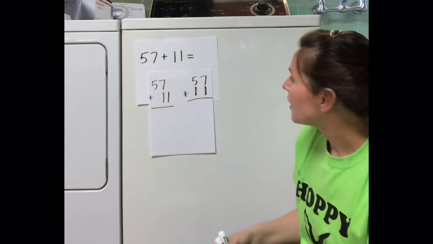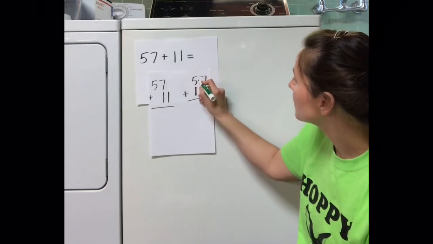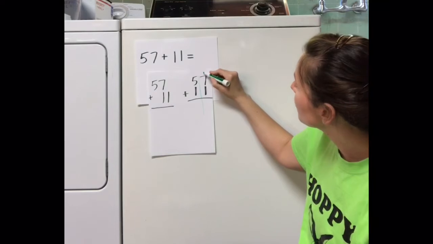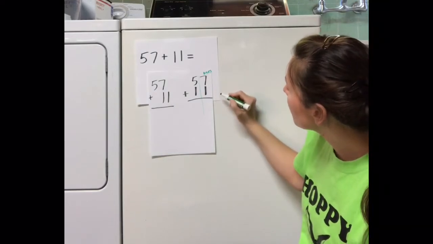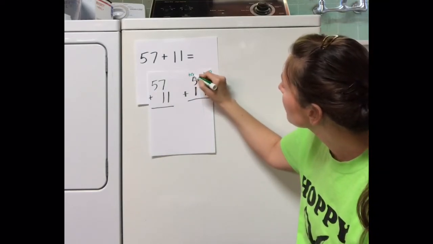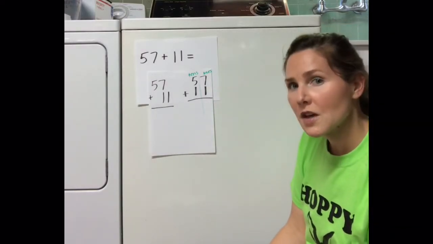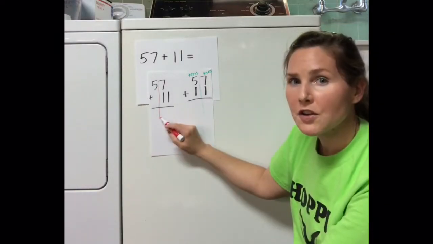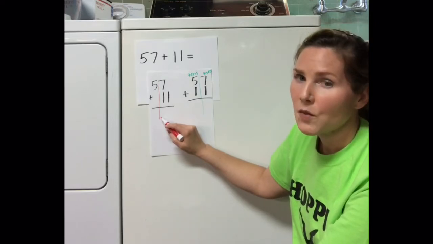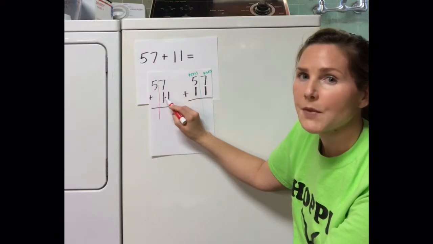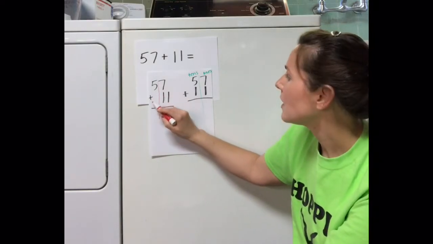If I draw a vertical line through this problem, I'm going to have the ones column to the right and the tens column to the left. They're perfectly aligned, and that's going to make it much easier for me to solve this problem. If I draw a vertical line through choice A, you're going to see that both of the digits of the number 11 have ended up in the ones column, and there's nothing in the tens column.